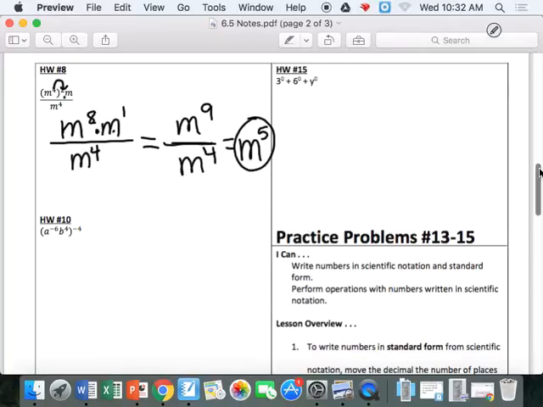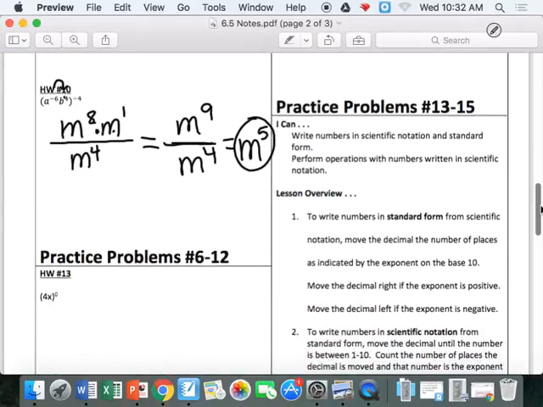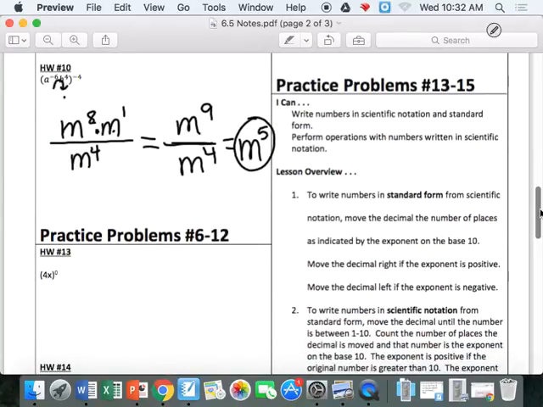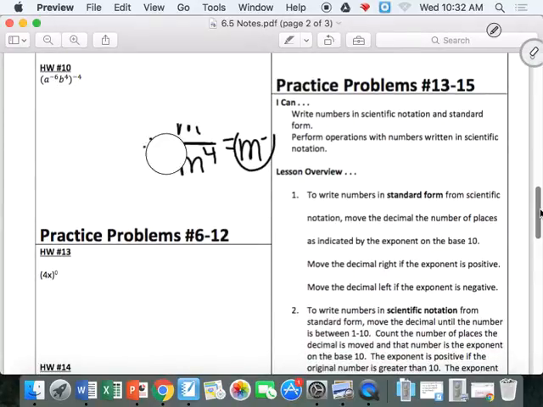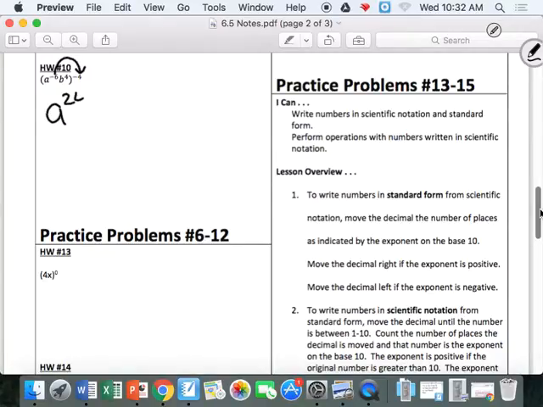That was pretty easy. Next one, on number 10, what rule should I use? Multiply, because it's a power to a power here. So we're going to do negative 6 times negative 4, which is positive 24. Then positive 4 times negative 4, which is negative 16.